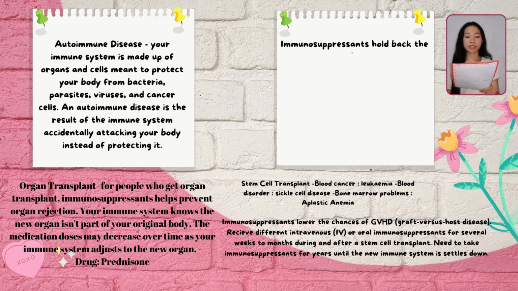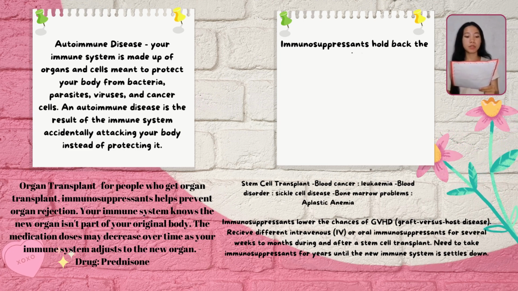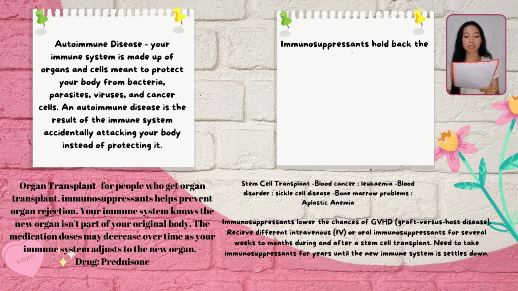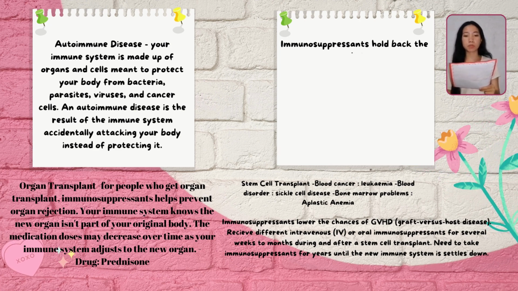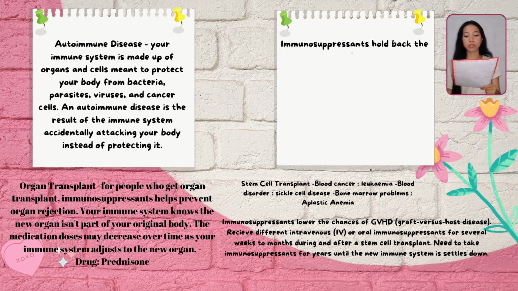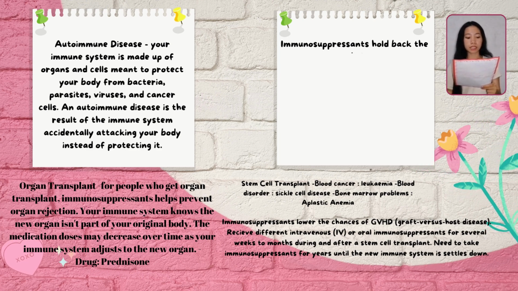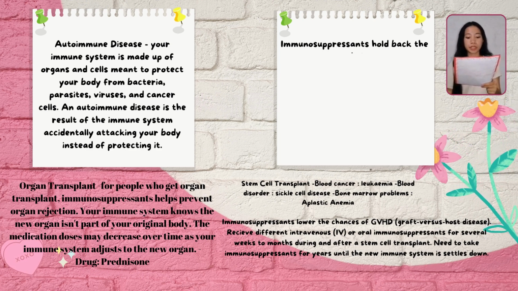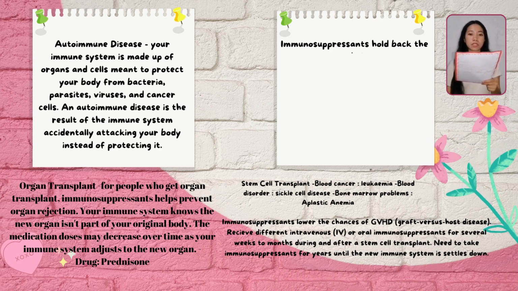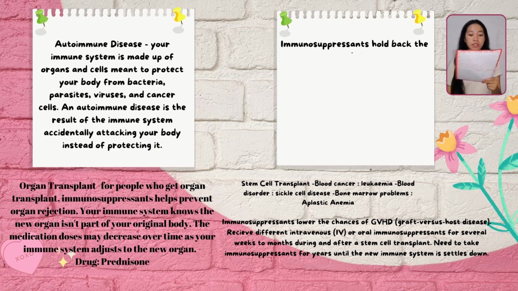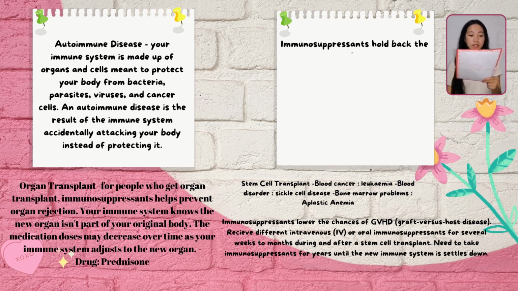So, immunosuppressants hold back the immune system, helping to prevent cell damage and inflammation. These drugs minimize symptoms. They can even put autoimmune diseases into remission. You have no signs of diseases like lupus, multiple sclerosis, rheumatoid arthritis, and etc.